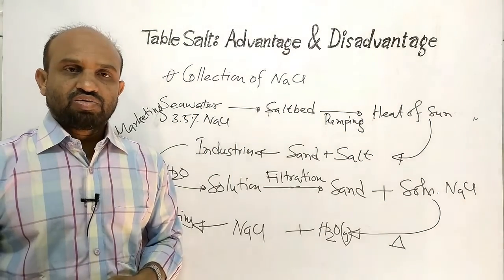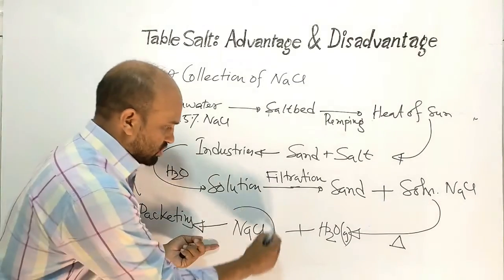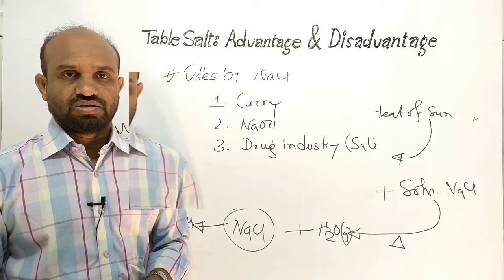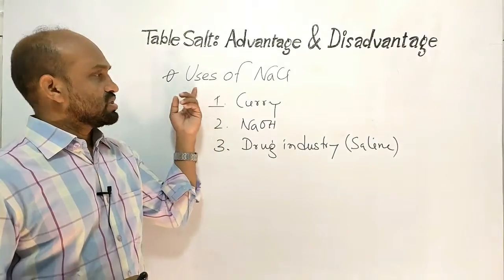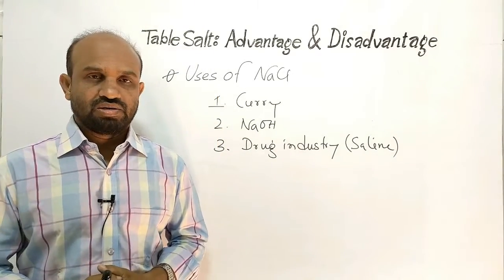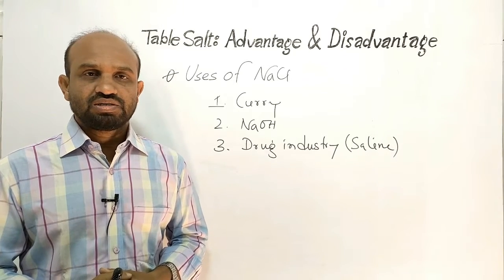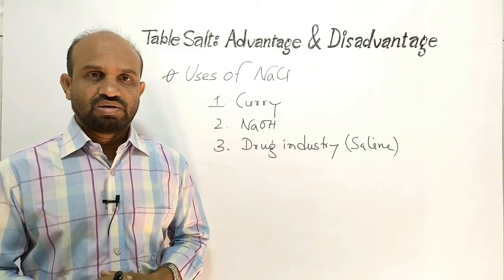Now let's see what are the uses of sodium chloride or importance of sodium chloride. Now the point is uses of sodium chloride. Sodium chloride is used in curries to increase their tastes.